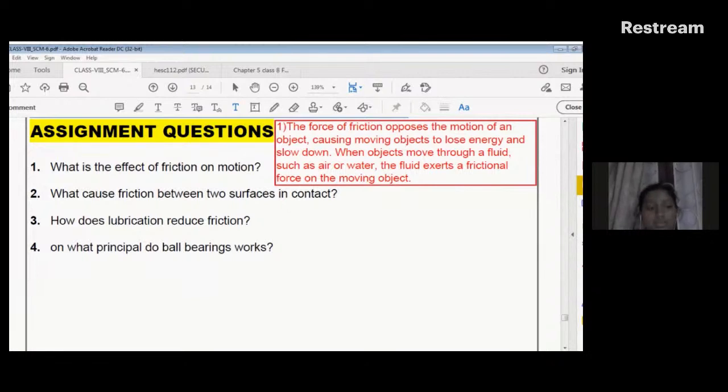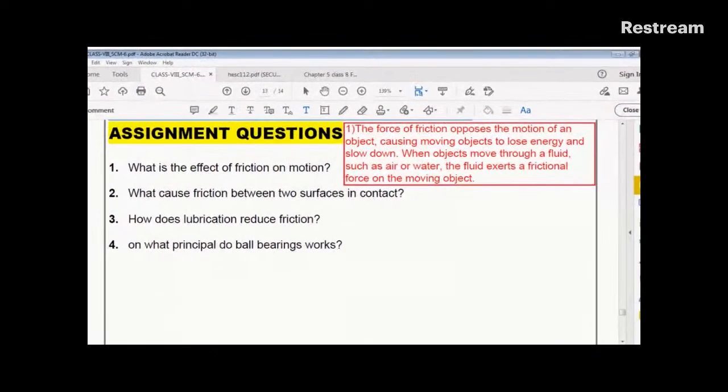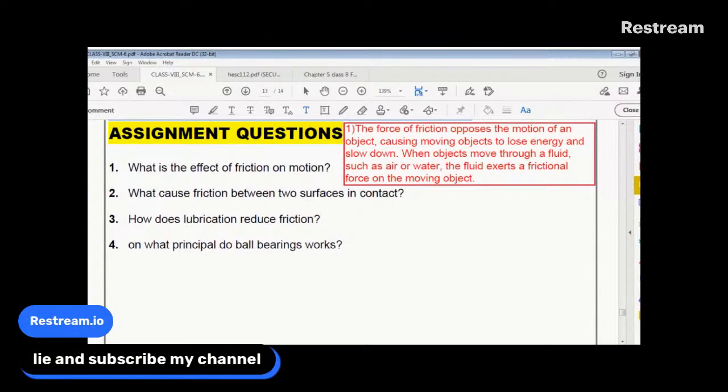So, even the smoothest surfaces have minute irregularities in them, and these irregularities of the two surfaces interlock into each other and create friction. Okay, so this is what causes friction between two surfaces in contact.